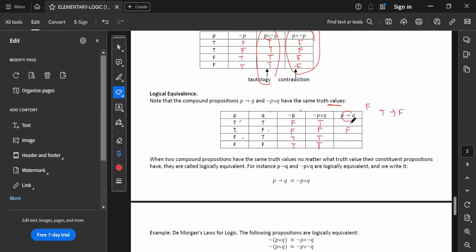Mao ni siya ang false statement, the rest na dayon is true. As you can see, pareha ang truth values sa not P or Q and P implies Q. So therefore, they are logically equivalent, makita mo aning equal nga tulo ang line.